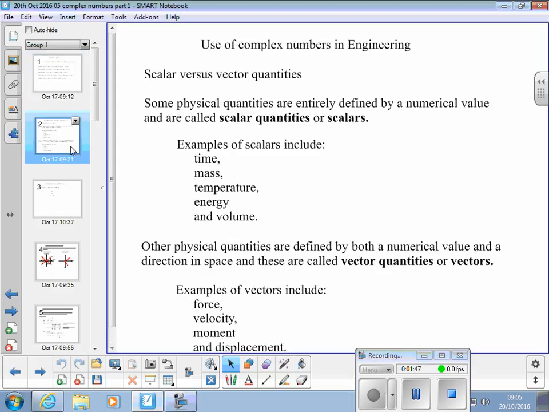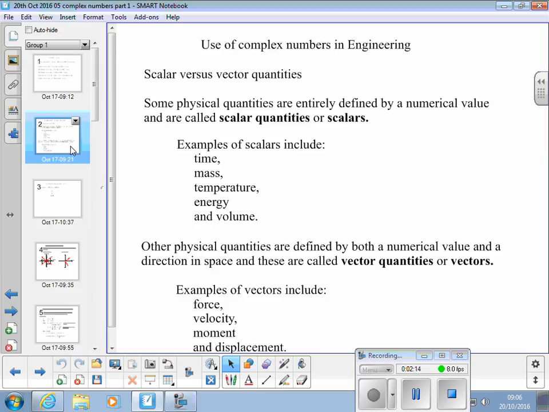Right, so the use of complex numbers in engineering. We're going to look at scalar versus vector quantities. Some physical quantities are entirely defined by a numerical value. They're called scalar quantities or scalars.